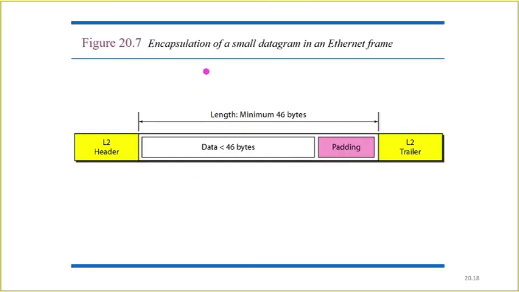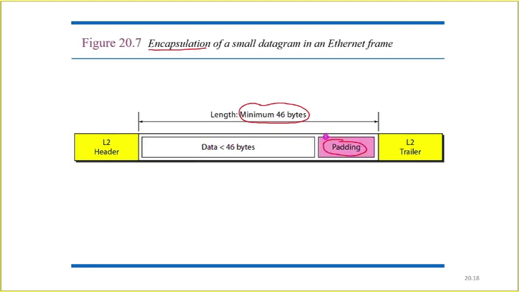So encapsulation. We have already seen what encapsulation is and what decapsulation is. For performing the encapsulation, there is a minimum size in bytes that should be there. Suppose the minimum size required is 46 and the data is less than 46, then there is a requirement of padding some extra bits.